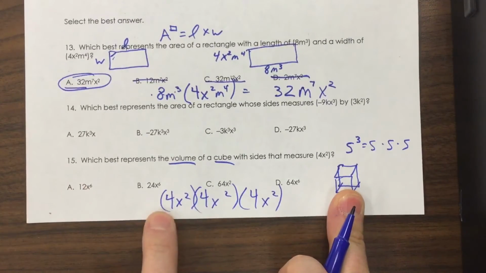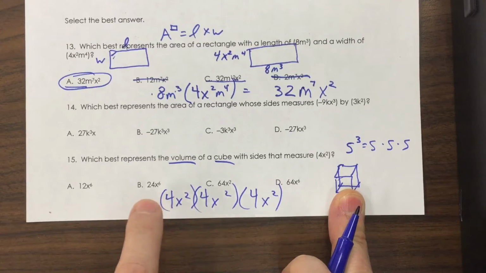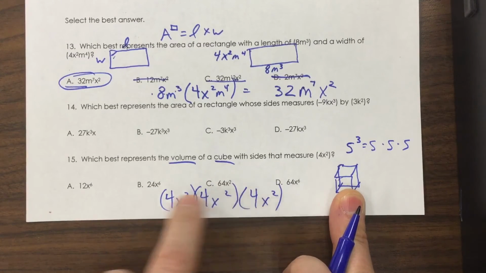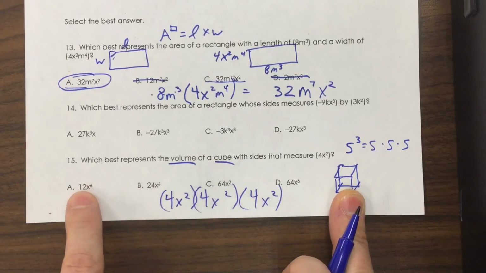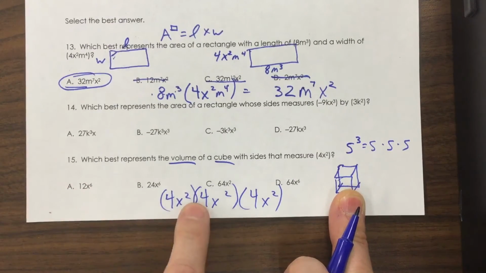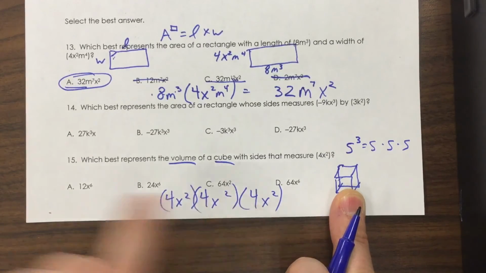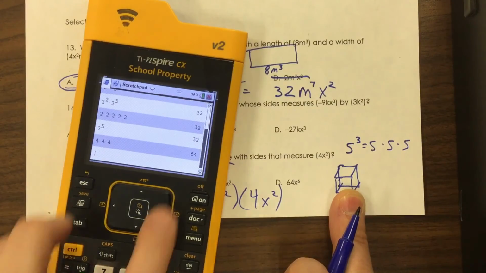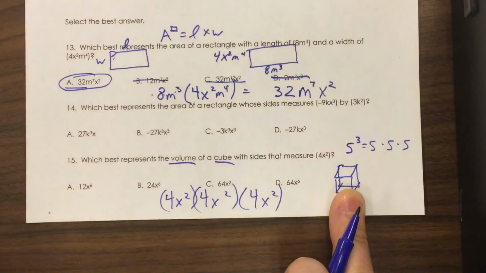Now, the same rules apply. The big number coefficients, we're going to multiply. 4 times 4 times 4. And that is not 4, 8, 12. This is wrong. 4 times 4 is already 16. And then 16 times 4, what do you get? Let's go ahead and put it in. 4 times 4 times 4. 64.